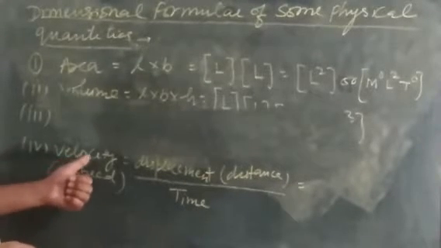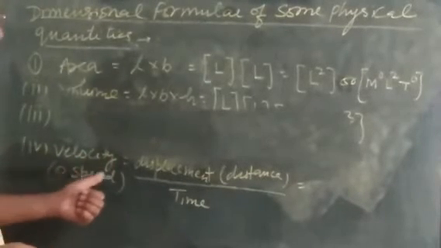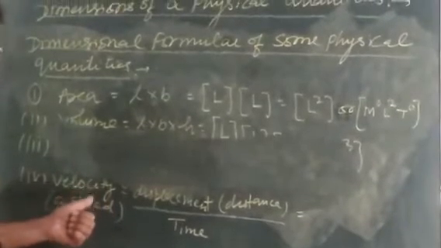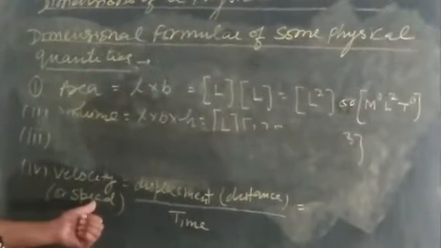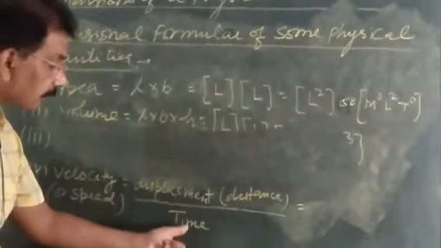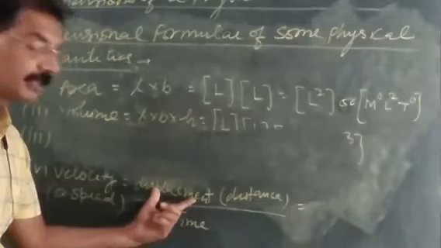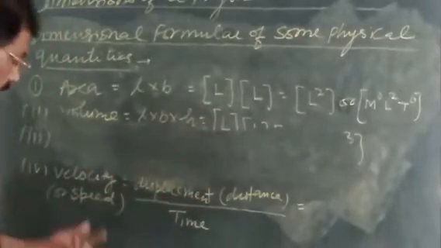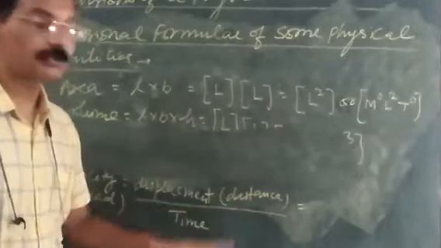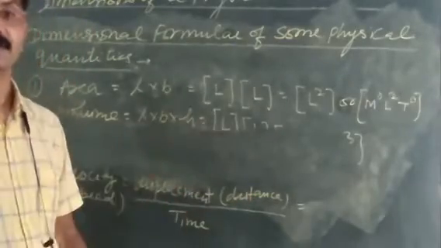Next one, velocity or speed. And the dimension for velocity or speed is the same. Why? Because their unit is the same. You know, velocity is displacement upon time. Displacement is a length. And speed is equal to distance upon time. So distance is also a length.